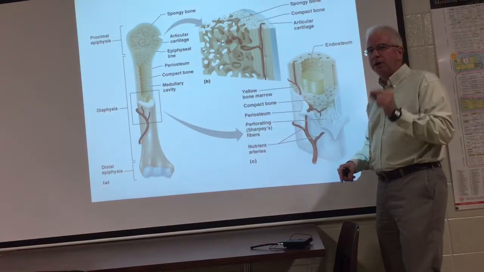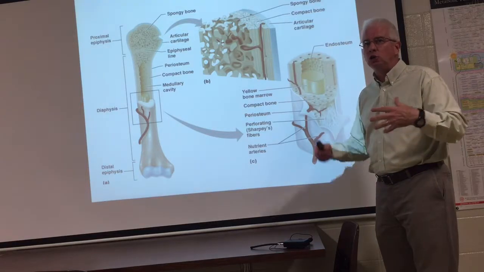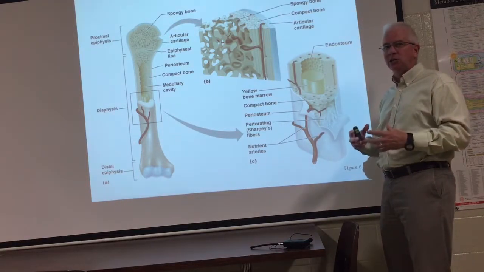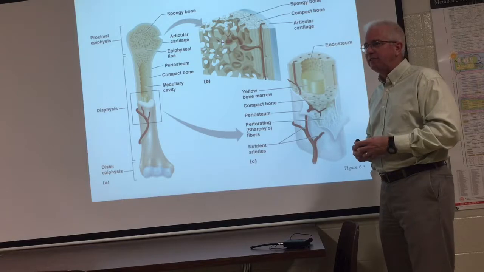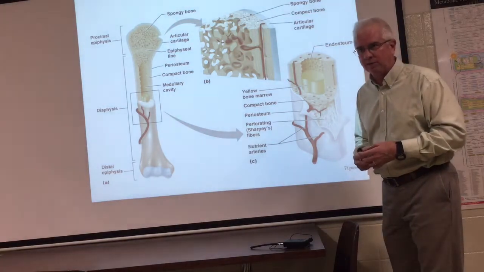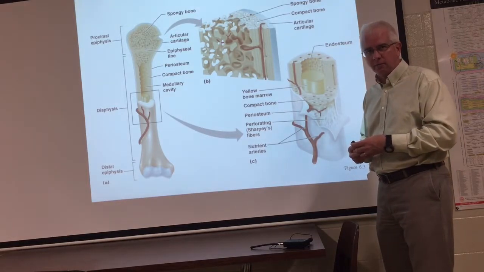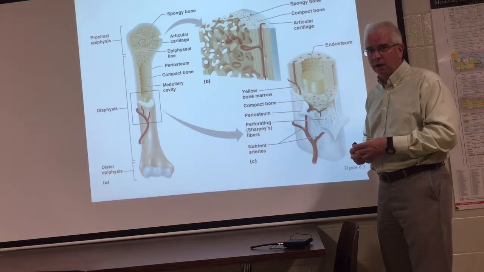periosteum. And the periosteum, that living membrane around the bone, is actually attached to the bony matrix by way of tethers that you will never be able to dissect the way this picture shows. The reason I know that is because I have tried it in cadavers. It cannot be done.